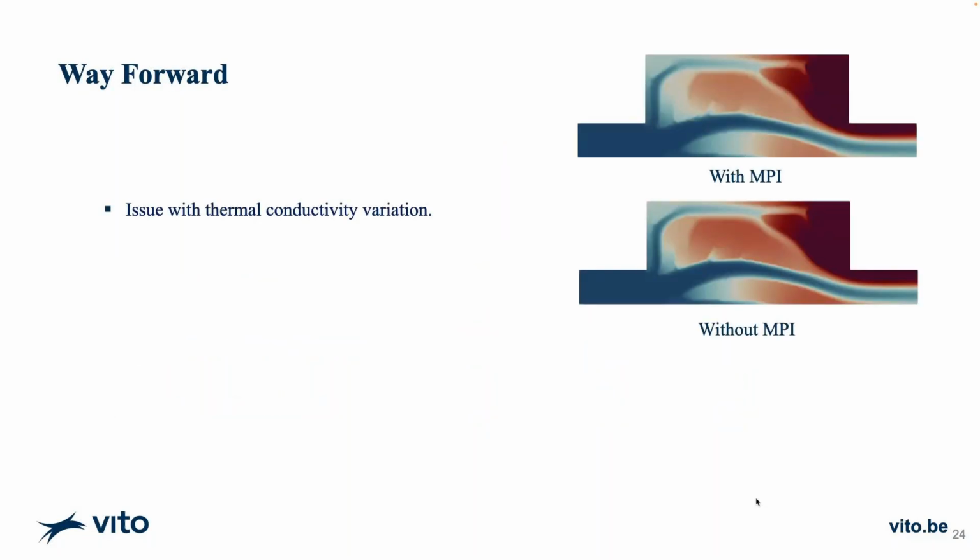And now, going forward, this is the issue that I think I've already been discussing with quite a few people here, is that whenever we introduce this thermal conductivity variation, we start seeing these MPI ranks in our flow solution, and we are not able to find the real cause of it. But this is something that we will be working on.